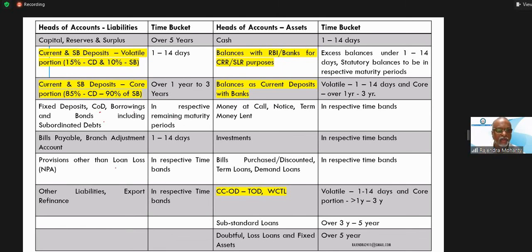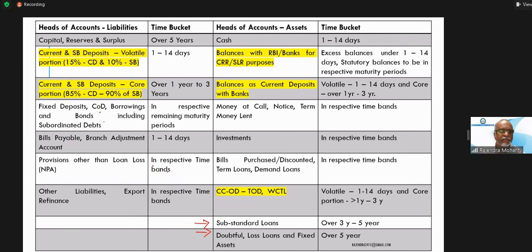Provisions other than loan loss go in respective time bands, when those provisions are going to be due, when they will be adjusted, except NPA provision. NPA provisions are given separately. I will let you know. These two are NPA provision. So other than NPA provision, any provision is placed in its respective time band, like you are placing your fixed deposit. Fixed deposit has its maturity, so you have to place it accordingly.